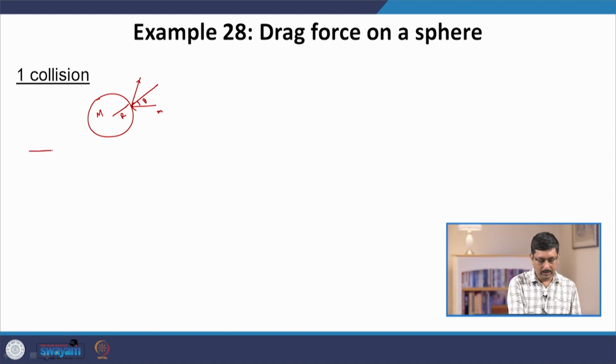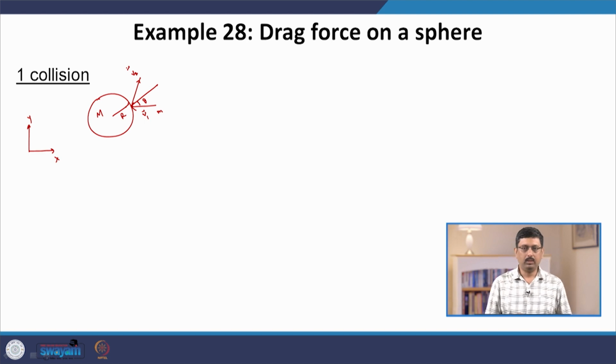For simplicity, we are going to assume this is our x direction and this is our y direction. This is V1, and after the collision this is V2. What happens is that when this fluid particle m hits the sphere, it transfers some of its momentum to the sphere and then it gets rebounded.